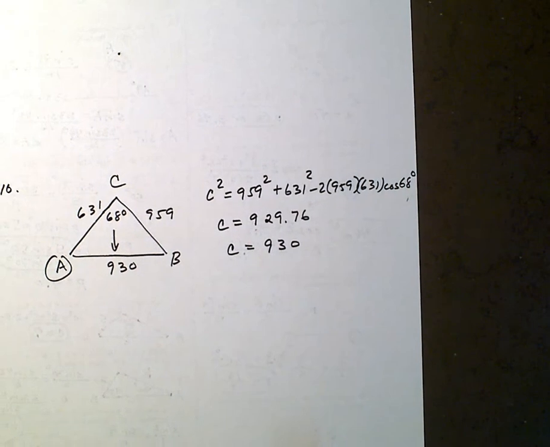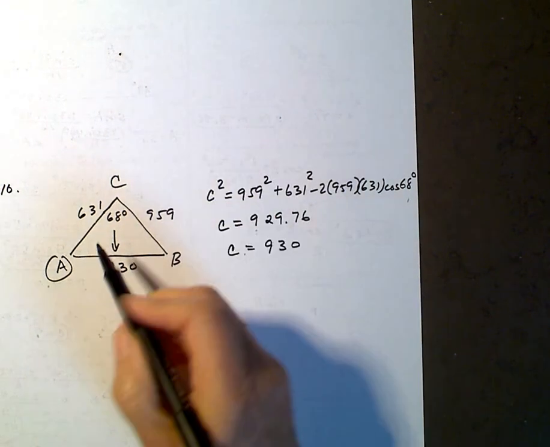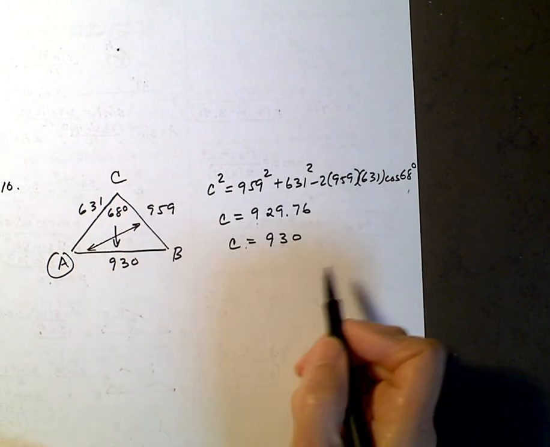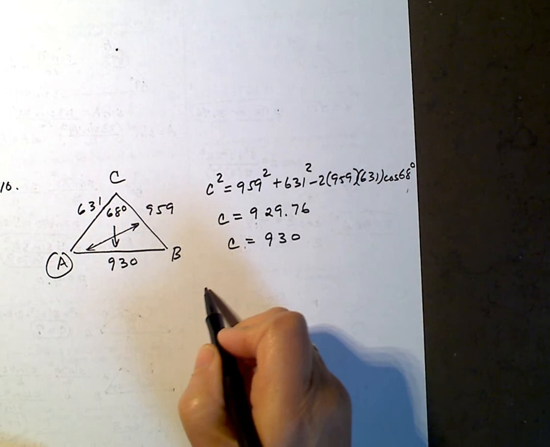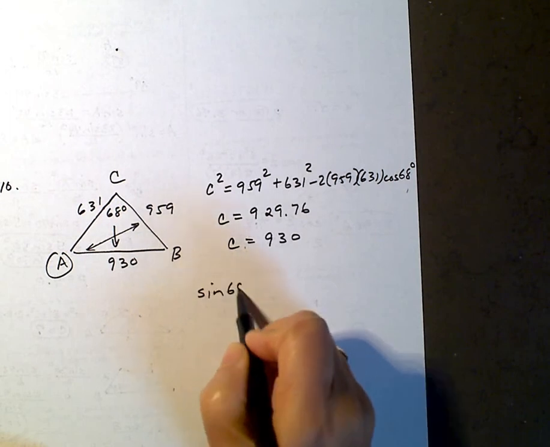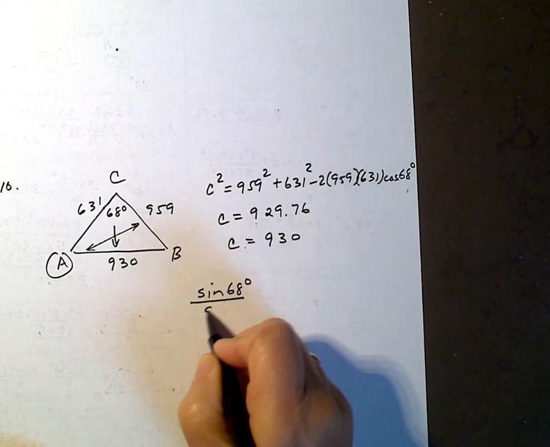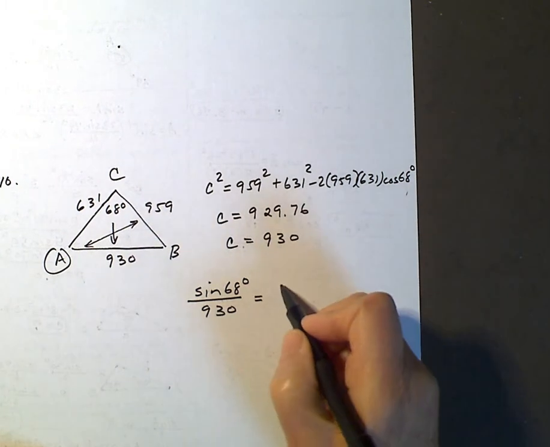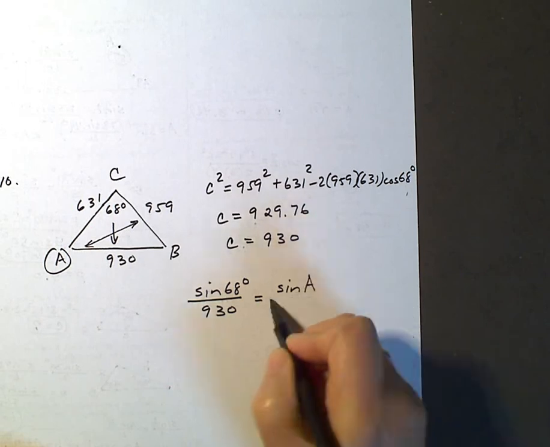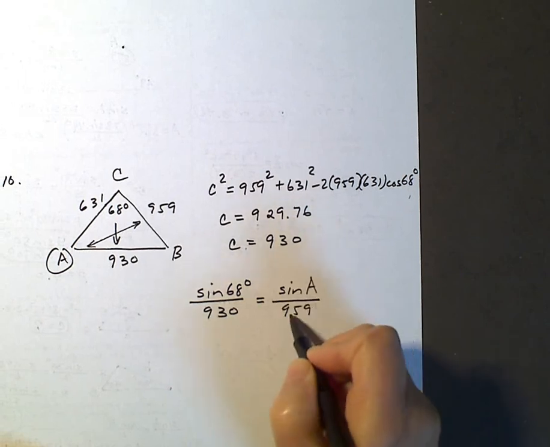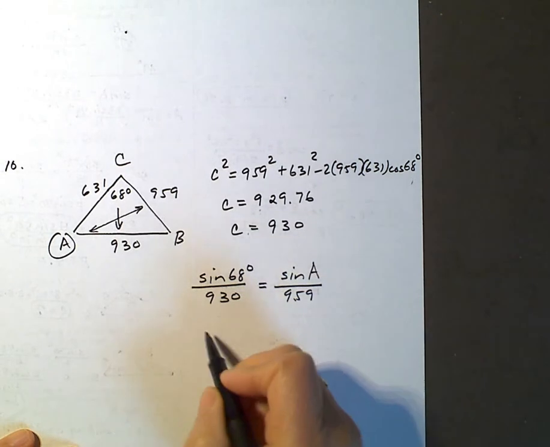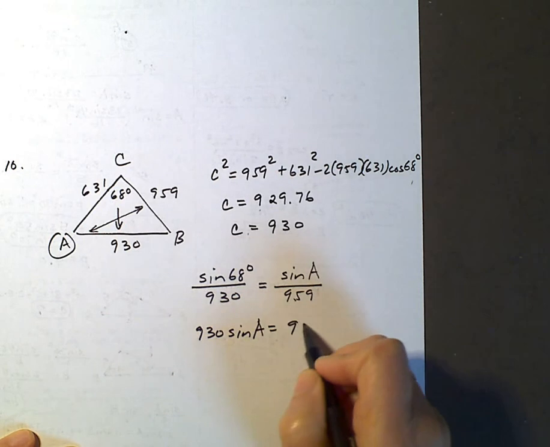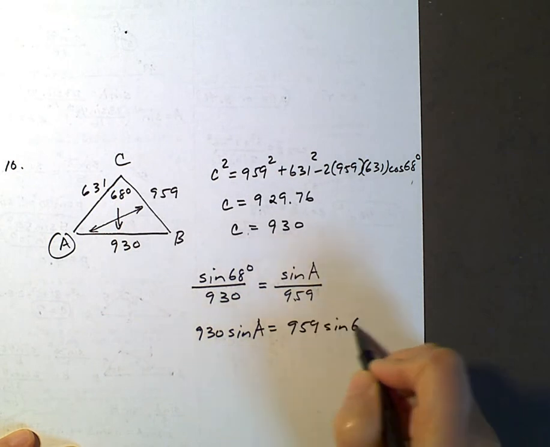So now I can use the ratio 68 to 930 and the A to the 959 to find the measure of angle A. So now I'm going to use the sine rule. So the sine of 68 degrees is to now the known length of 930 as the sine of angle A, unknown, is to the known length of 959. So cross multiplying, 930 times the sine of angle A is equal to 959 times the sine of 68 degrees.